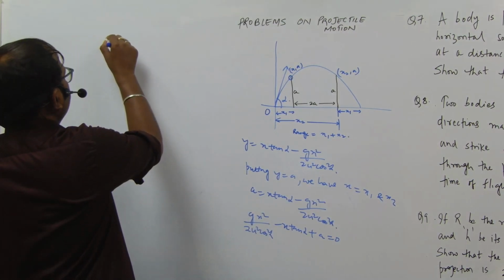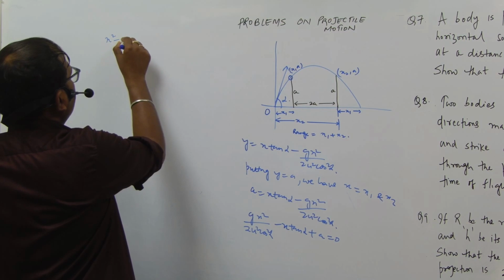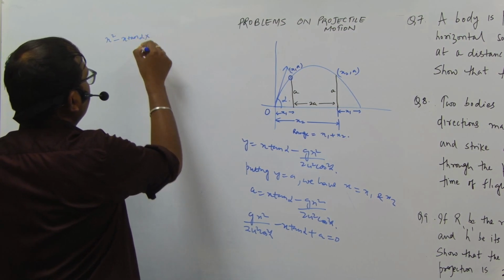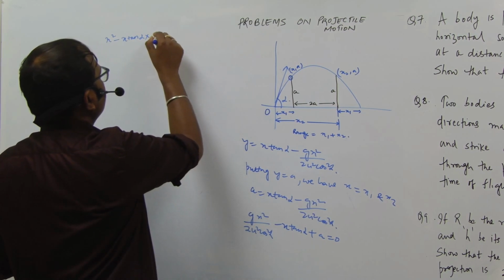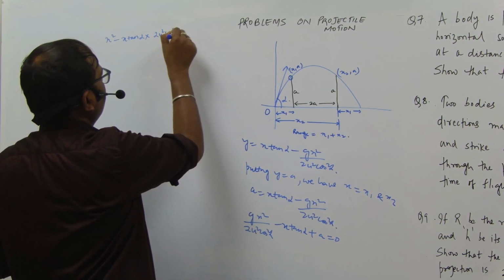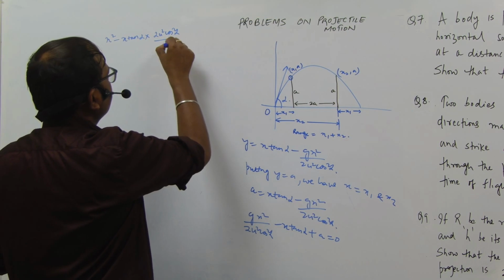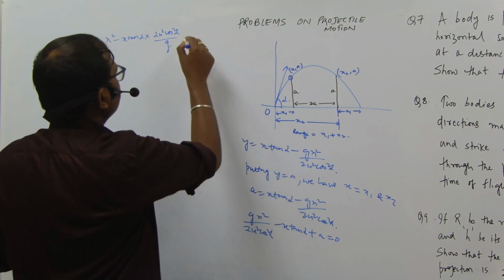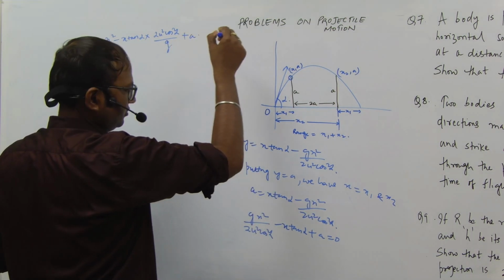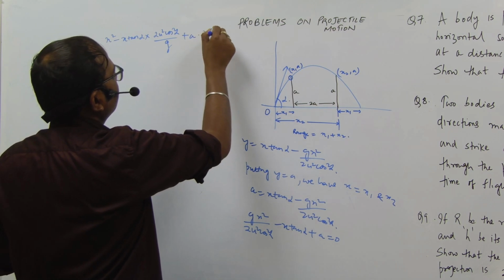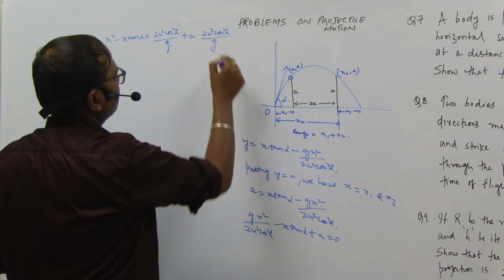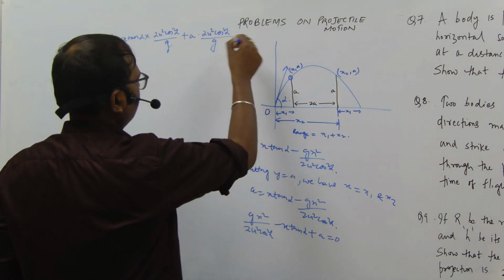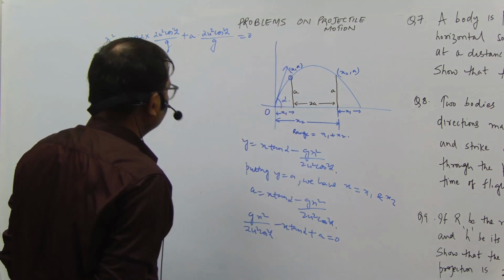So we have x square minus x tan alpha into, let us multiply the reverse of this, 2u square cos square alpha upon g, plus a into 2u square cos square alpha upon g is equal to 0.